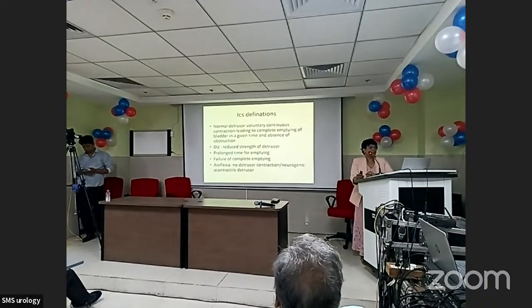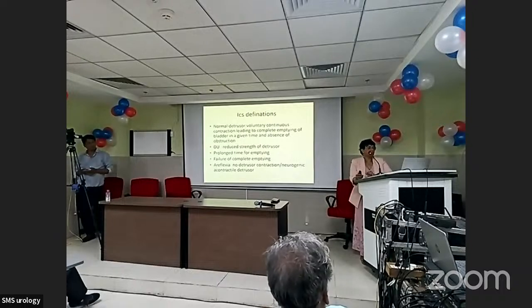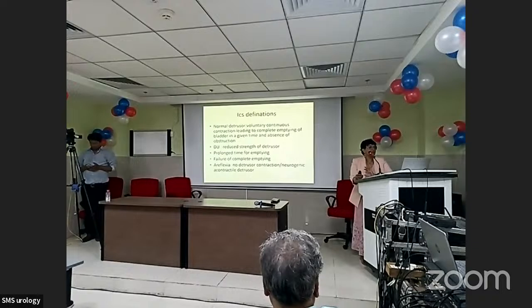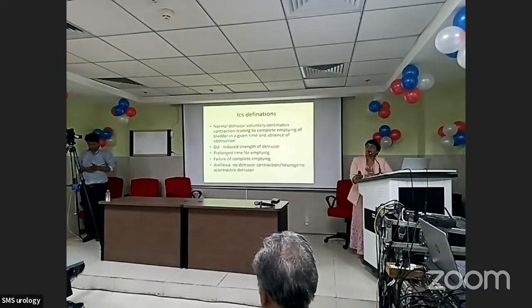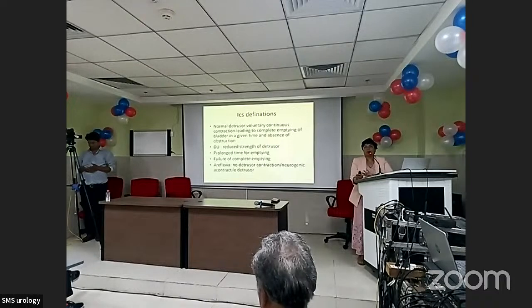And what is the other scenario? It's taking a prolonged time for emptying, or there is failure of complete emptying. And the last scenario is very easy to understand. There is no contraction, the detrusor is not functioning, or areflexia. And it is now named as neurogenic or acontractile detrusor. It's not called areflexia anymore.